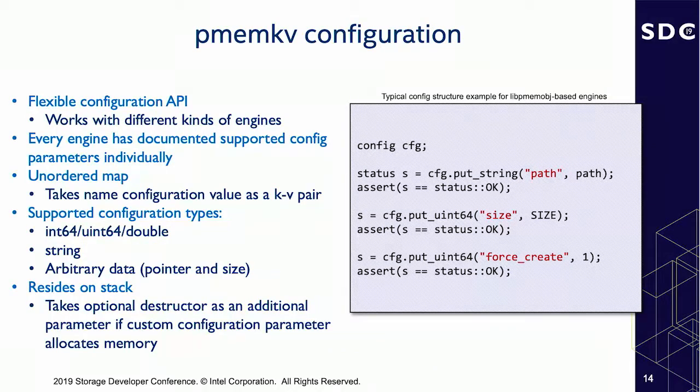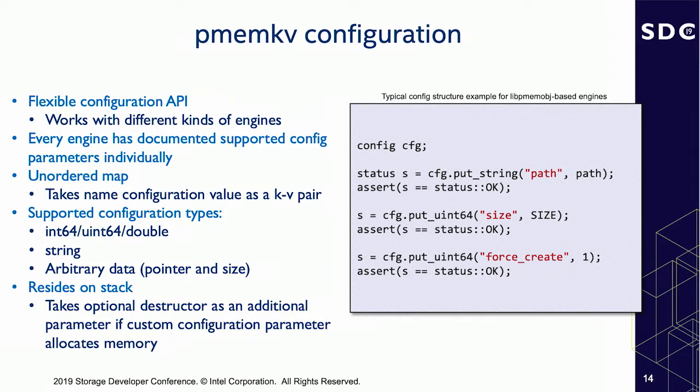The idea is that for each engine, there's some set of configuration parameters. And so we wanted this kind of flexible configuration mechanism. I've got a little fragment of C++ code here on the right that shows you how it works. You declare this little config struct here, and then you start adding the things that the specific engine you want needs.